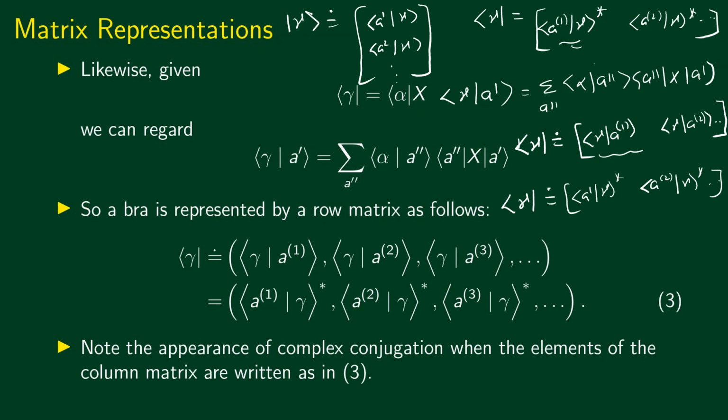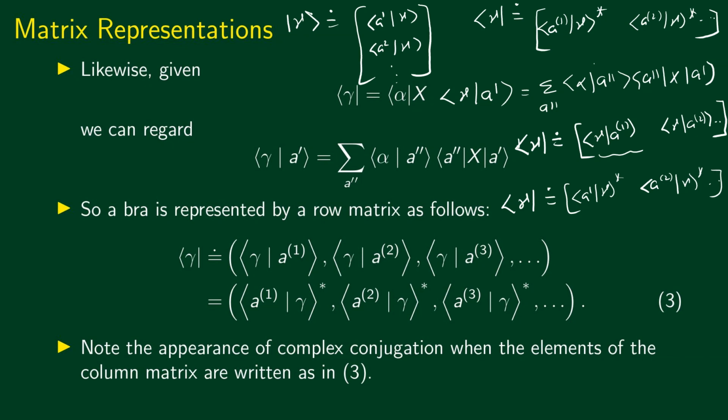All right. So we have talked about this dual correspondence. We can go from a ket to a bra. Now, if these are represented by matrices, what's the rule for going from a ket to a bra? You see that if we transpose the matrix that represents the ket and then complex conjugate it, we'll get the corresponding bra.